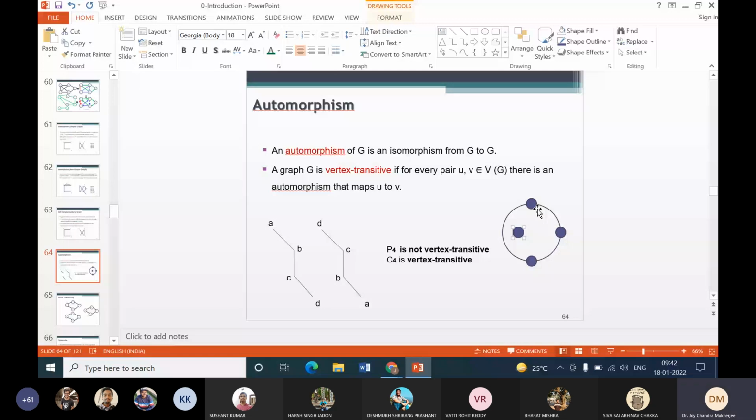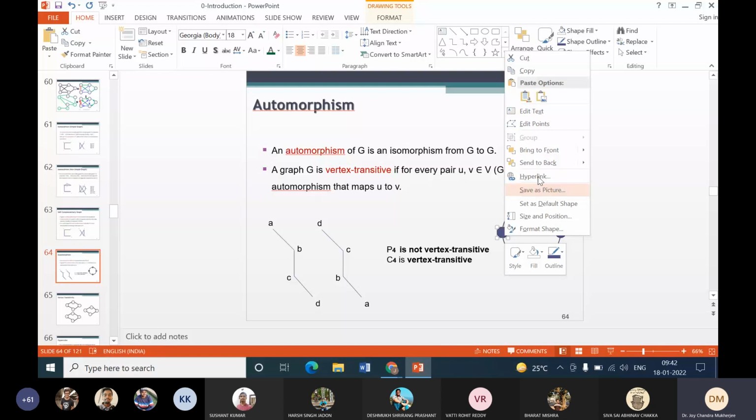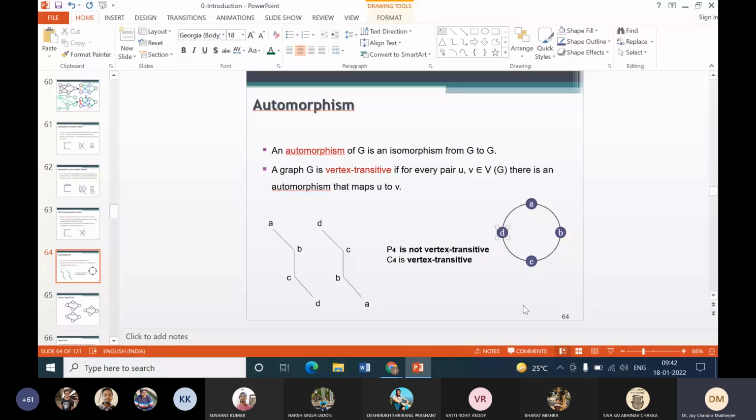Now, if I give them some name, suppose this is A, this is B, this is C, and this is D. Now you see that A can be mapped to any one other vertex. A can be mapped to B also. If I map A to B, then B should be mapped to C, C should be mapped to D, D should be mapped to A. Or it may be the other way around.